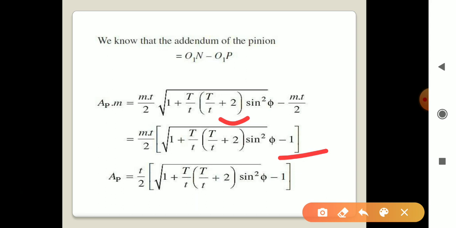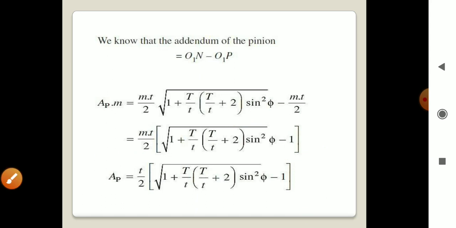Now here APM and m on both sides cancel. We get only AP is equal to small t divided by 2 into square bracket under root 1 plus capital T divided by small t into capital T divided by small t plus 2 into sine square of phi, minus 1. Now we want small t.